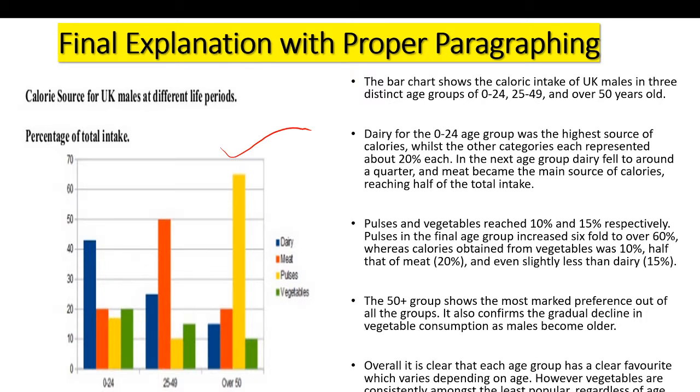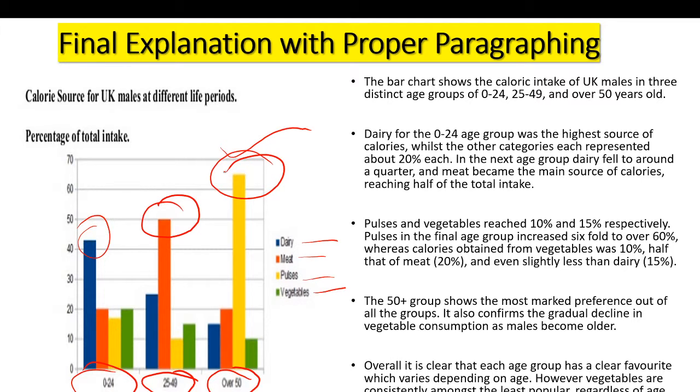We have four things: dairy, meat, pulses and vegetables. Three categories of age are here: 0 to 24, 25 to 49 and over 50. In first, dairy is popular. Second popular item in 25 to 49 group is the meat, and the third is the pulses with the over 50 age group. So now you need to see how it is being formed.